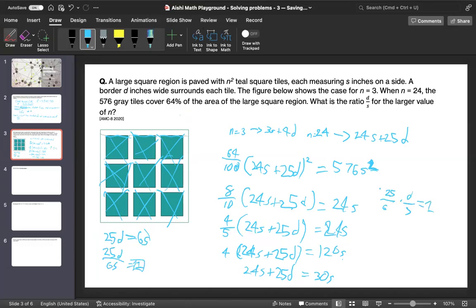So we have to divide both sides by 25 by 6, which gives us that d by s is equal to 1 by 25 by 6. So 1 and 6 multiply, 6 goes up to the numerator, and we get 6 by 25. So that's your answer.